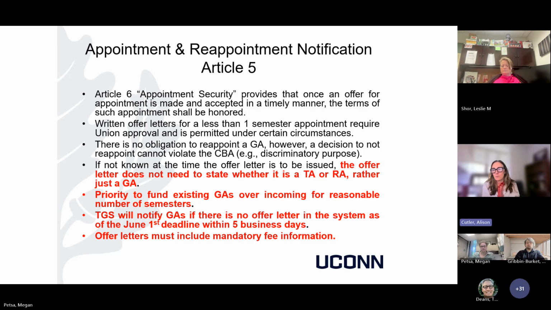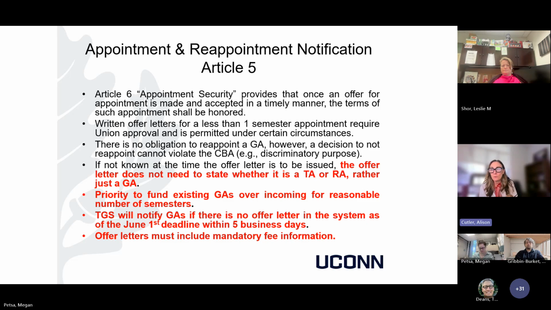One of the things that we got was that if the department doesn't know on June 1st whether or not they're going to have funding for a student, whether it's TA or RA, because for instance they don't know if the research funding is going to come through, you can just issue the offer letter saying it's a GA ship. And then once more information comes after June 1st, you can tell the grad, we're going to give you a TA ship, or funding came through, we're going to give you an RA ship.